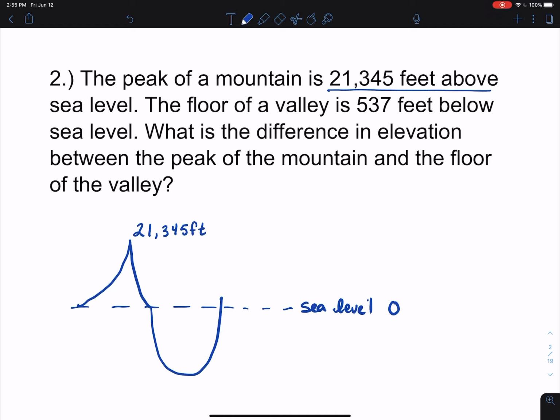So because it's above, it's a positive number. And that the floor of the valley is 537 feet below sea level. So this right here is 537 feet below sea level. That below is telling me it's a negative number.